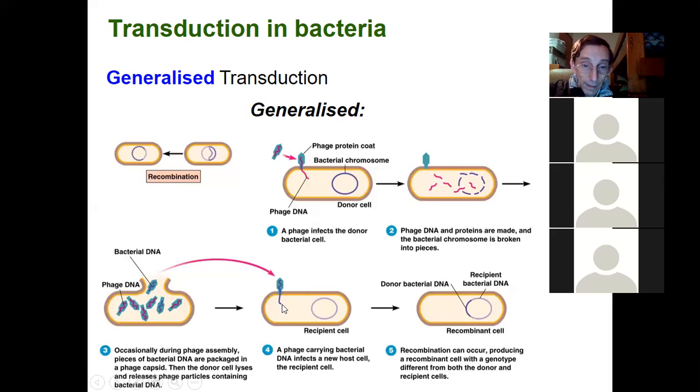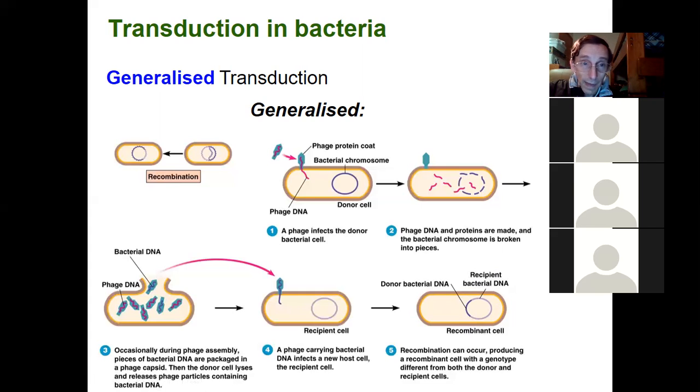The DNA that it brings to this cell is DNA from the other cell. And so this cell can incorporate that DNA inside itself and then express the DNA that it got from the other cell. And this is transduction, where this cell becomes a recombinant cell.